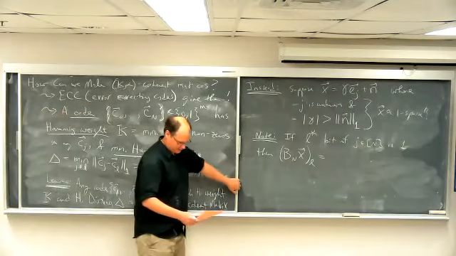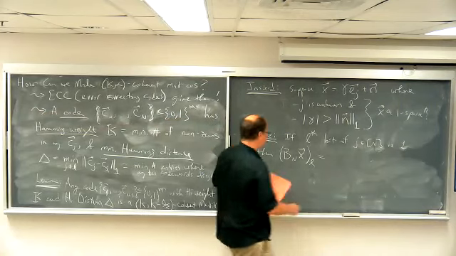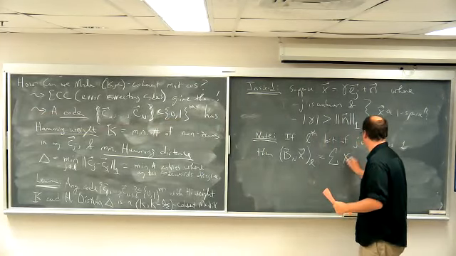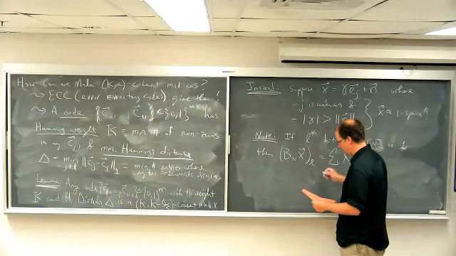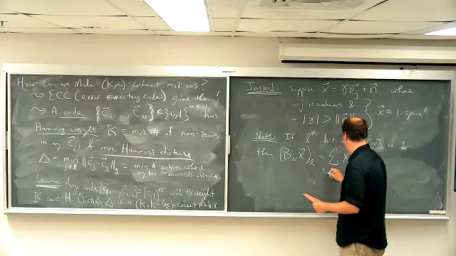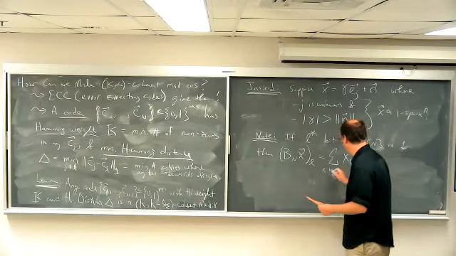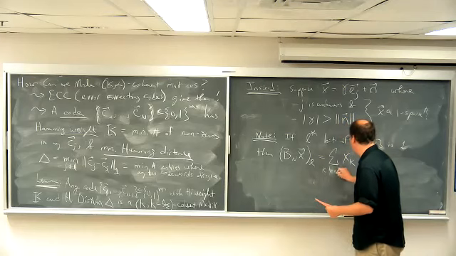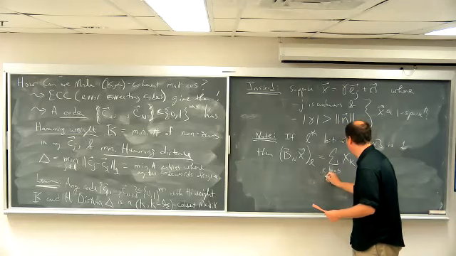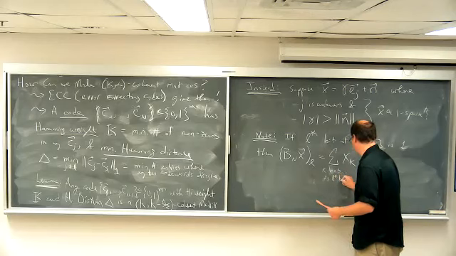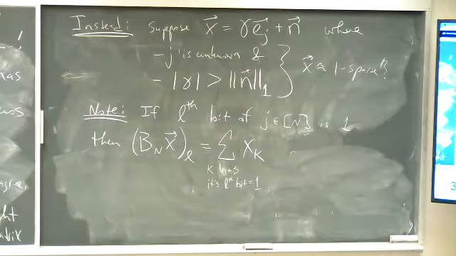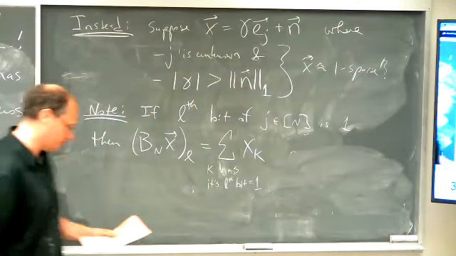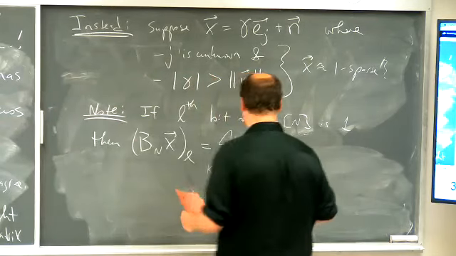So if you think about it for a little while, this is going to be equal to the sum of x_k, all the entries of X where k has its Lth bit equal to 1. Right, so those are the entries of X that I'm going to sum up here by construction of this B matrix. Okay.